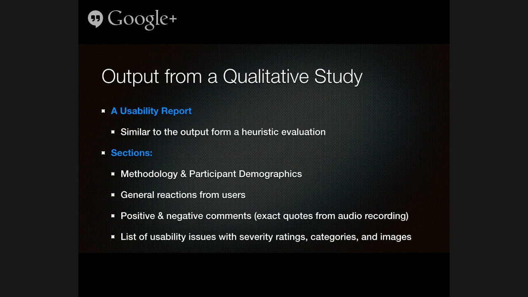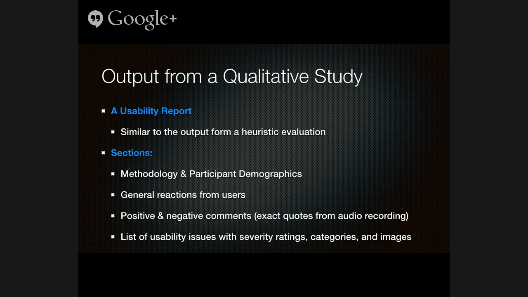The output of a qualitative usability study is generally a usability report. And in form, this is very similar to the output from a heuristic evaluation. So it starts usually with a methodology and participant demographics section, just to inform your audience, who will usually be designers or engineers or marketing or sales or somebody else in the organization, how you ran the study and who participated in it.